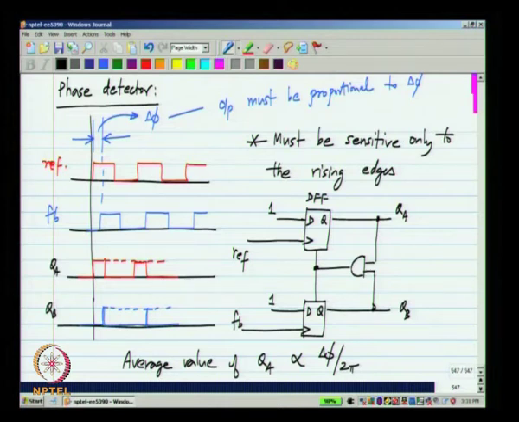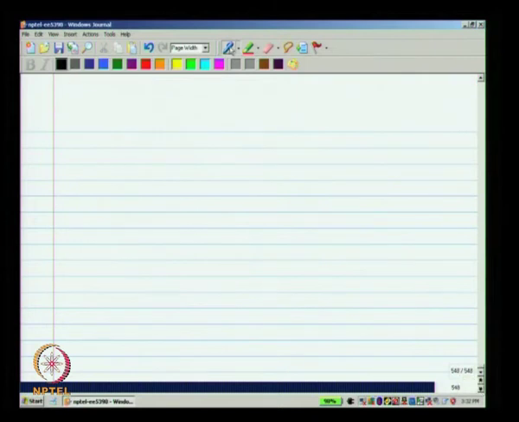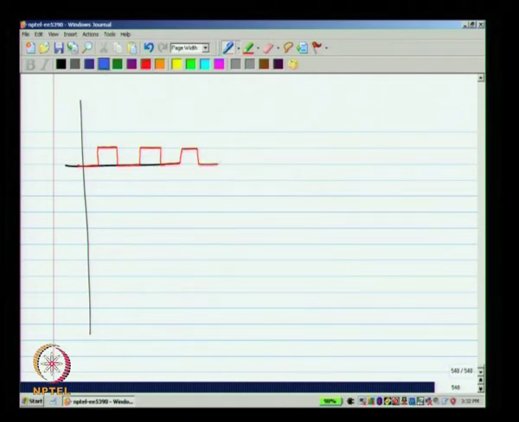Now, we can take the alternative scenario where the reference signal is lagging the feedback signal.